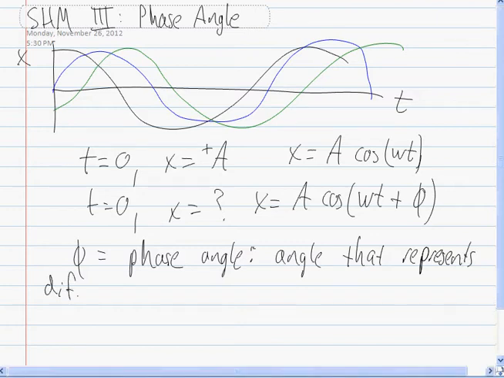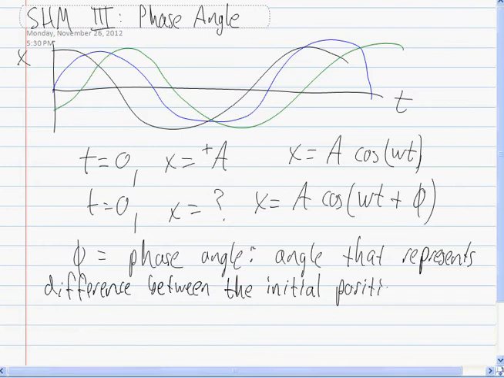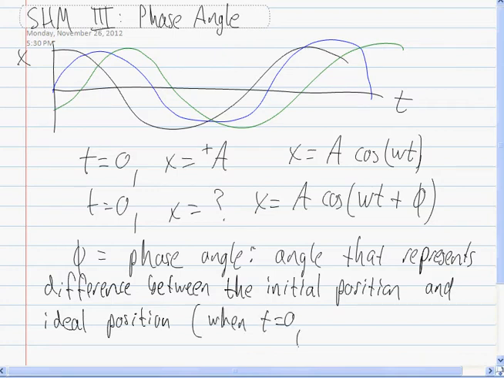the difference between the initial position and the ideal position, which is that when t equals 0, x equals positive a.